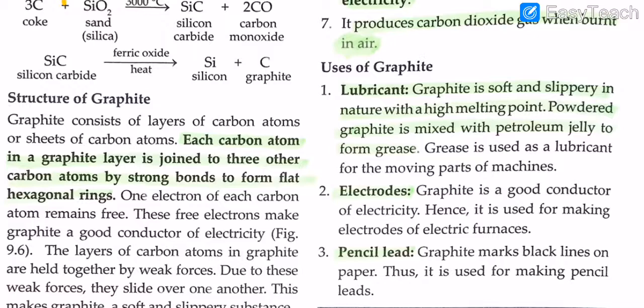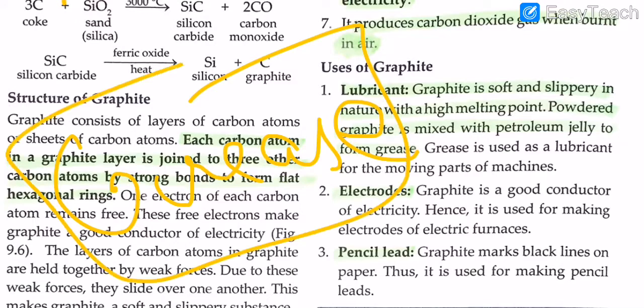Now let's get on to the uses of graphite. First of all, it is a lubricant, as graphite is soft and slippery in nature with a high melting point, and powdered graphite is mixed with petroleum jelly to form grease. Grease is used as a lubricant for moving parts of machines. So what is this grease used for?